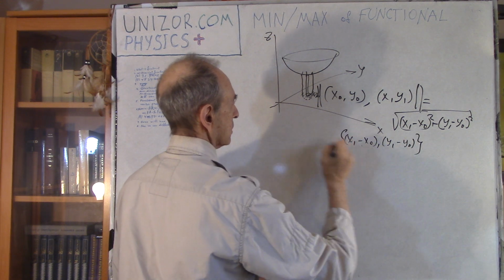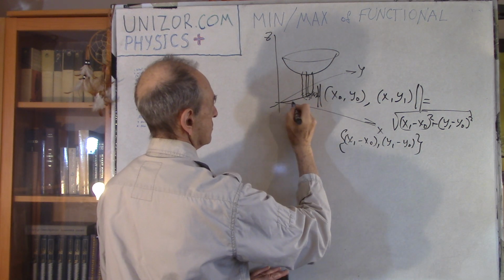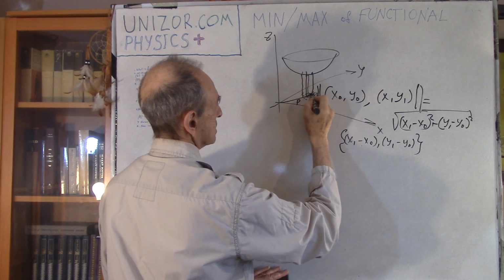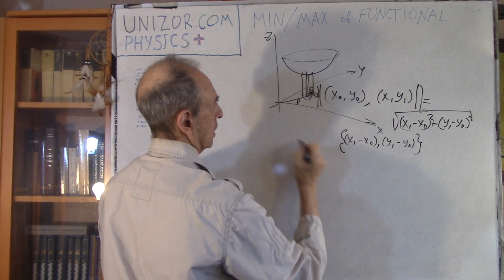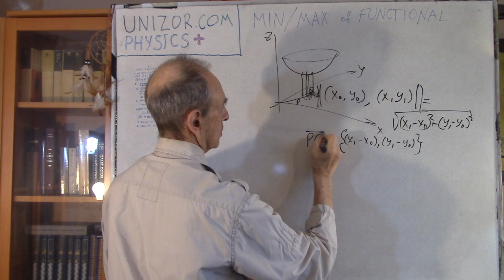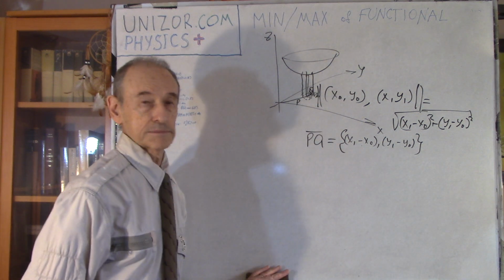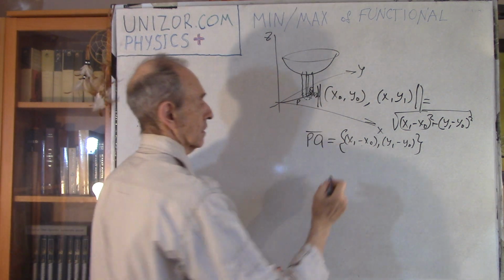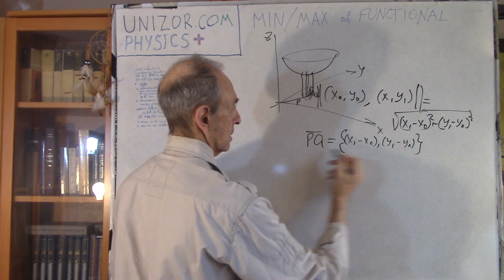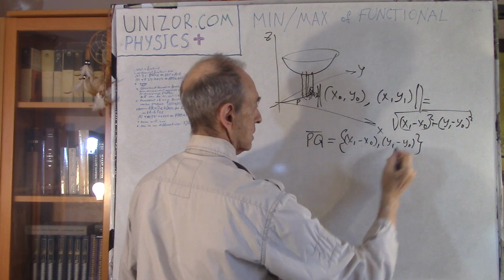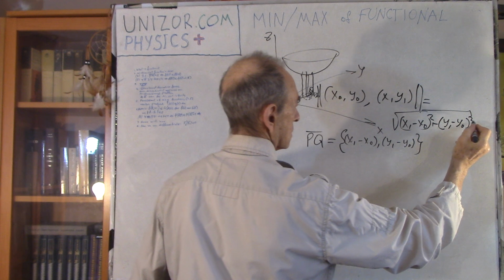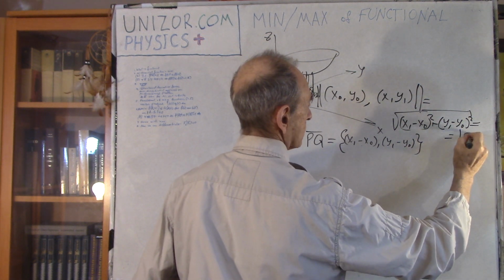That would be a vector. So if this is point p, and this is point q, this is vector pq. Correct? And this is the length of the vector pq.